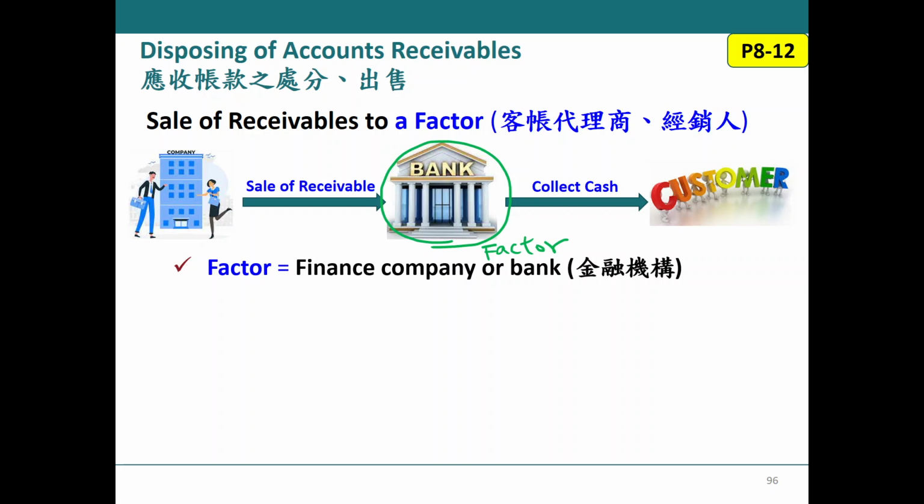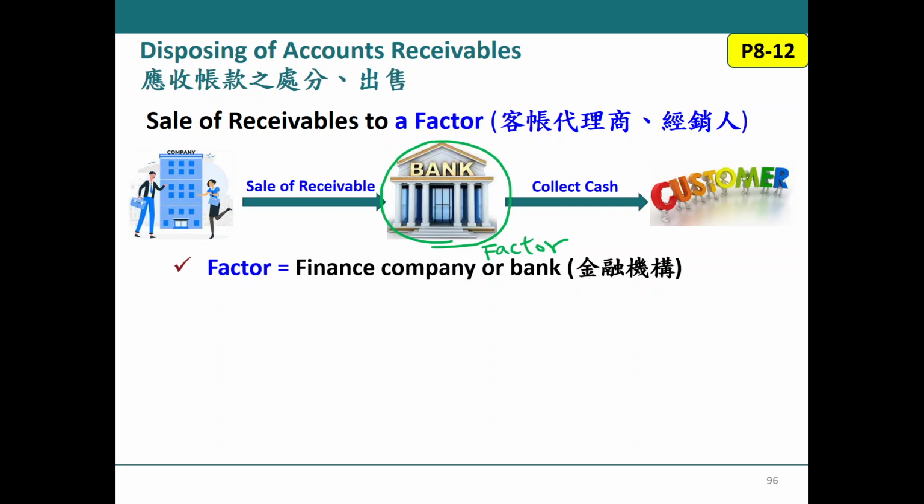Later, the bank asks the customer to pay the money, right? So the bank got cash $100 from your customers. Does that $100 belong to the bank or belong to you? To the bank, right? Because you sold the receivables to the bank. So the receivables belong to the bank, not yours anymore, okay?